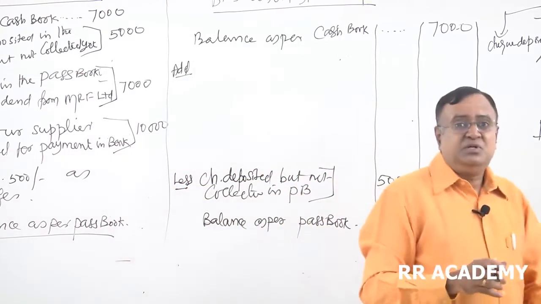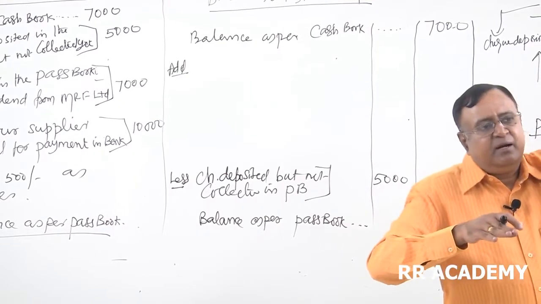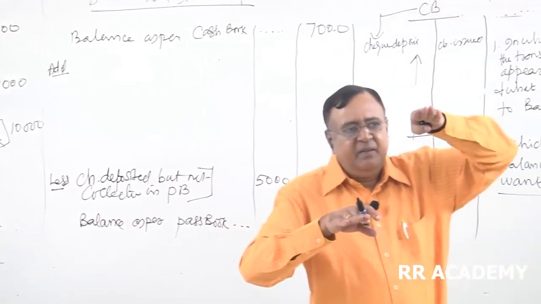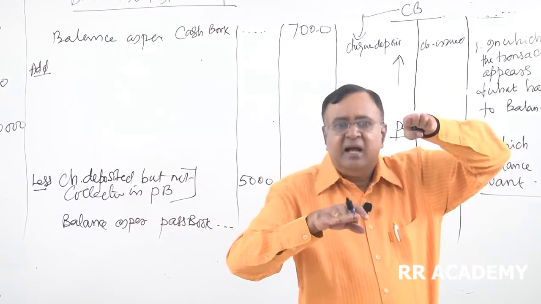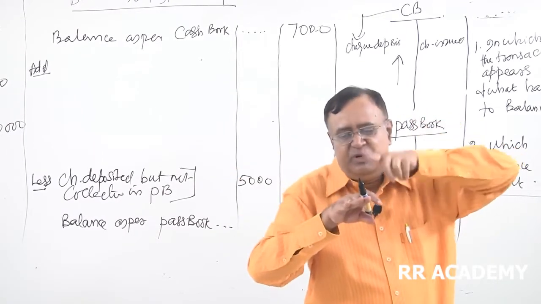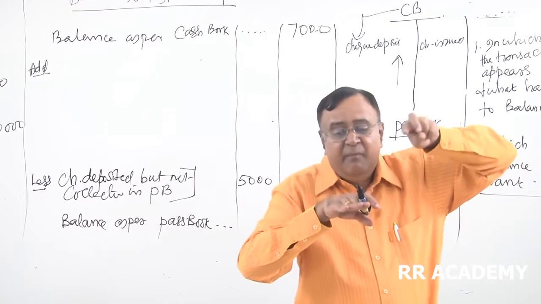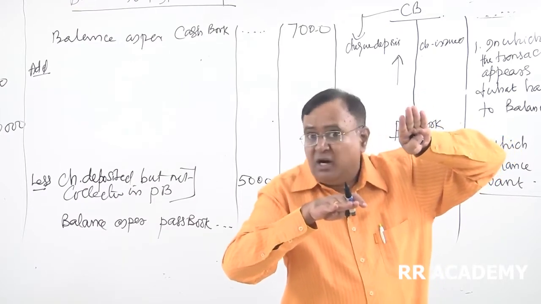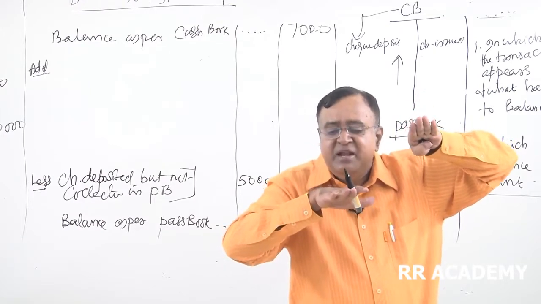You may ask one question: sir, the cash book balance has gone up, and the passbook is here, so if you want the passbook balance, should we add? No. We should not touch this side because the passbook balance is not given. It will remain stationary.